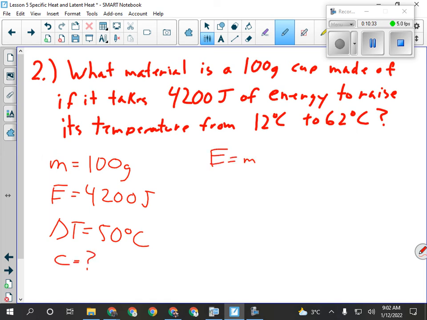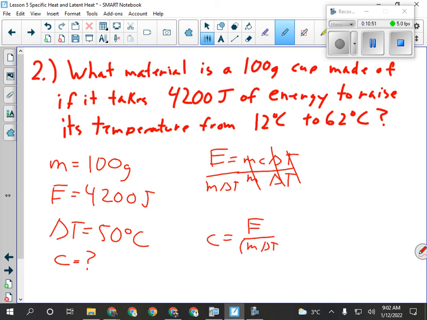So we'll have E equals mc delta T, and we're going to solve for C by dividing both sides by m times delta T. What we will be left with is that C equals E over m times the change in temperature. You will need to make sure that on your calculator you do the bottom as an entire operation.